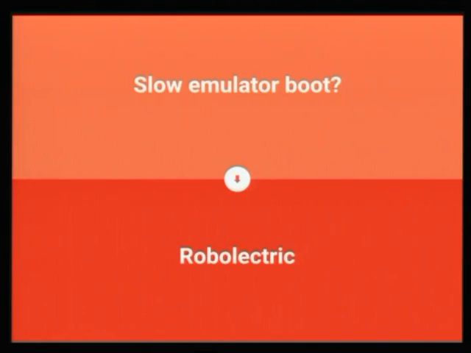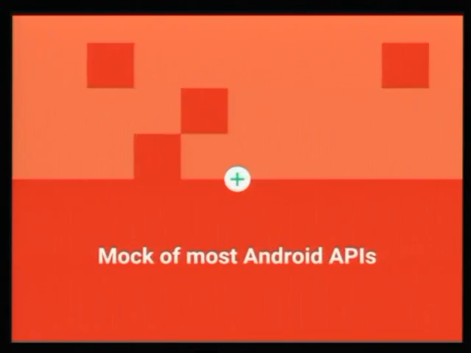Okay. Sorry. Robolectric is basically a JUnit 4 runner, and it allows you to run Android code. It does so by mocking most of the Android APIs in the Java virtual machine. You don't need to run on Android when you use Robolectric.